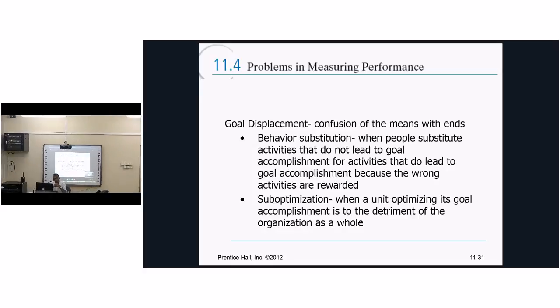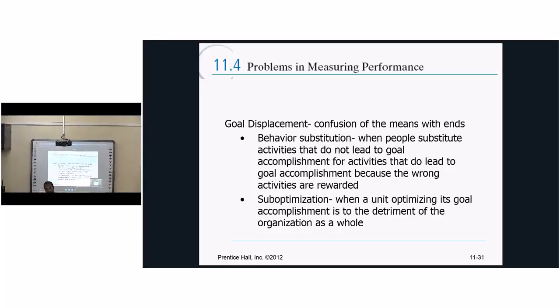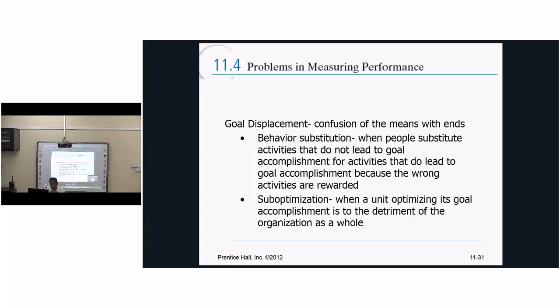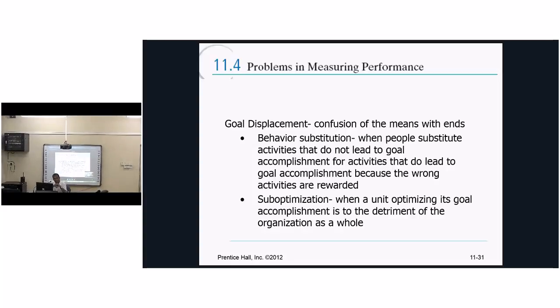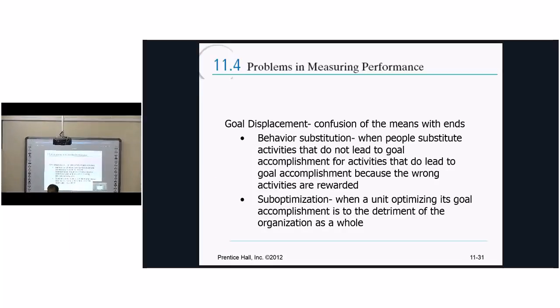Eventually, the other salesperson who did not compromise credit quality to achieve targets will slowly relax his credit terms so that he will also reach targets, which is known as behavioral substitution. People substitute activities that do not lead to goal accomplishment, but since you are getting rewarded for that, you simply do it. This is what is known as goal displacement. So these are some of the issues that will be there in performance management.